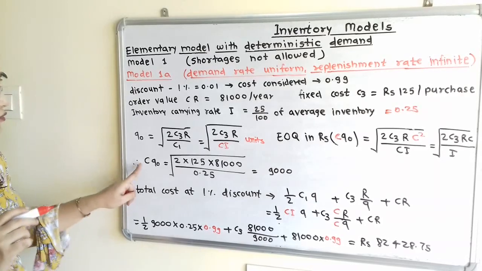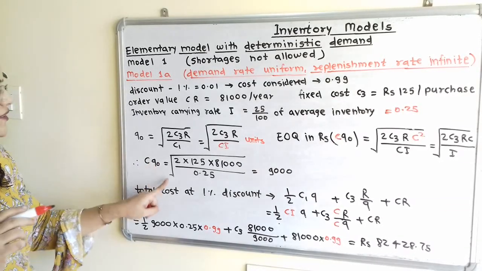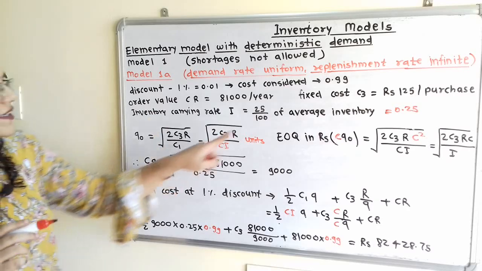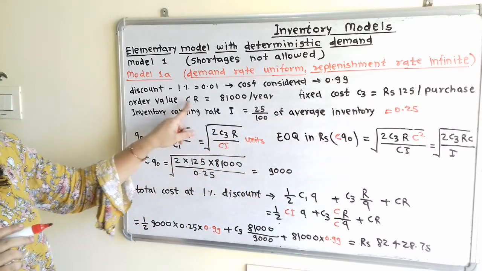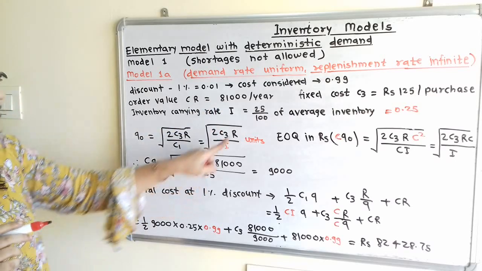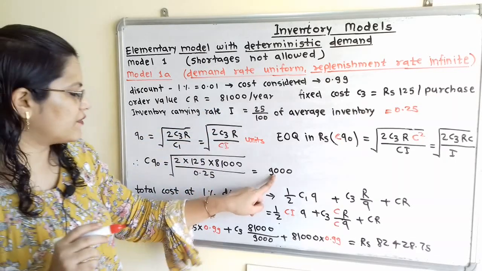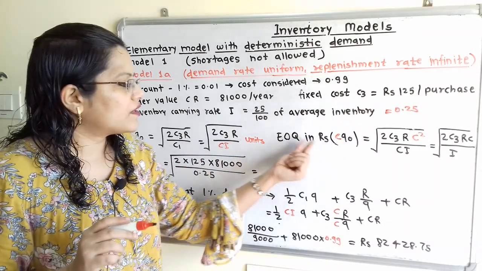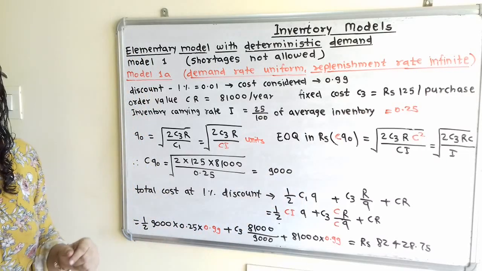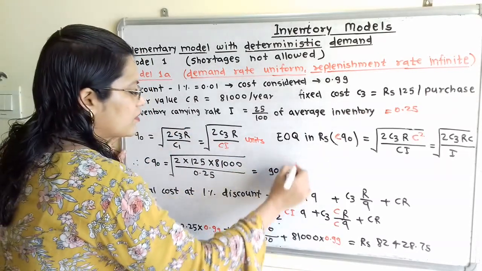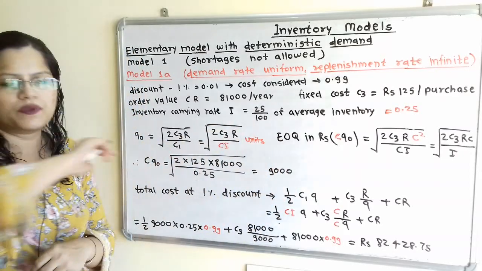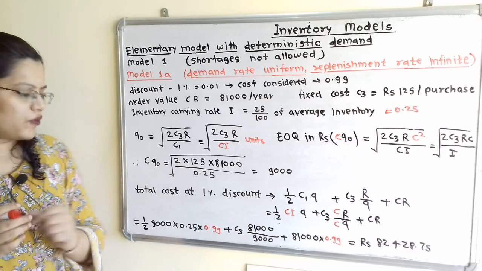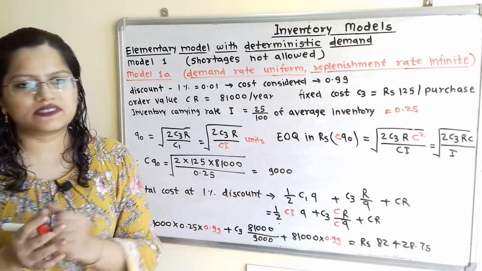So we put the values. C into Q0 is equal to the square root of 2 multiplied by C3, that is 125, into CR, that is 81,000, divided by I, that is 0.25, which is equal to 9,000. So this is the economic order quantity in rupees, the cost for the economic order quantity. Now we will find out the total cost at 1% discount.